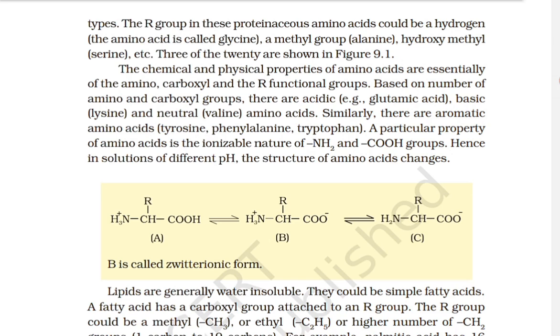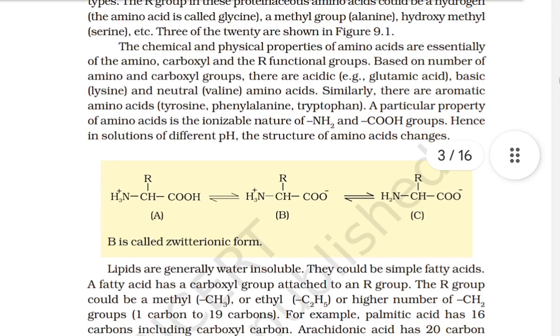The chemical and physical properties of amino acids are essentially of the amino, carboxyl and R functional groups. Based on number of amino and carboxyl groups, there are acidic, example glutamic acid, basic, that is lysine, and neutral, that is valine, which you can remember by NV, meaning neutral valine.